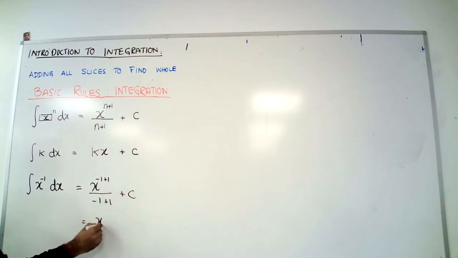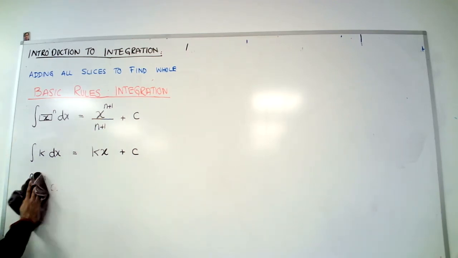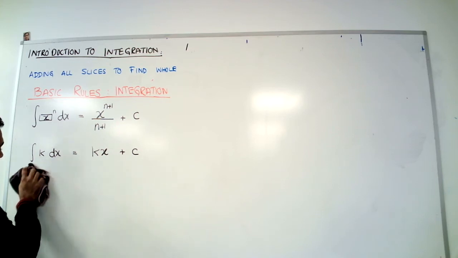So that becomes x to the 0 over 0. Now you can't divide anything by 0, so this thing is not possible. We do a different way, which we'll talk about in a minute. So this one we cannot use.